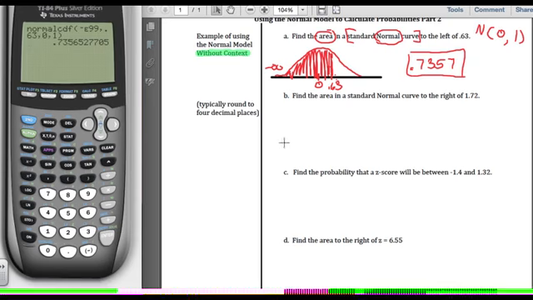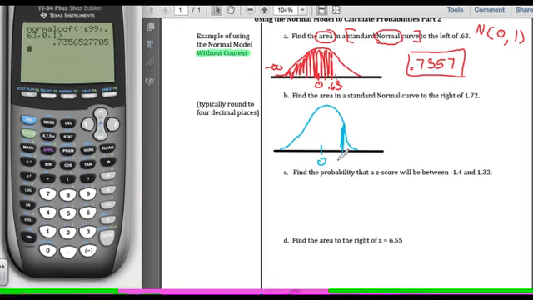Same idea in part B. Find the area in a standard normal curve to the right of 1.72. Standard normal is your normal bell-shaped distribution with a mean of 0 and a standard deviation of 1. 1.72 would be somewhere up here, and we want to the right of that. So to put that in my calculator, it should look something like this.